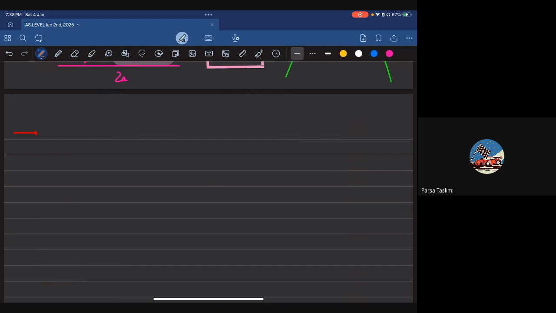Inequalities will not come over here, I'll explain where they come. But over here, what I'm going to be more concerned about is disguised quadratics.